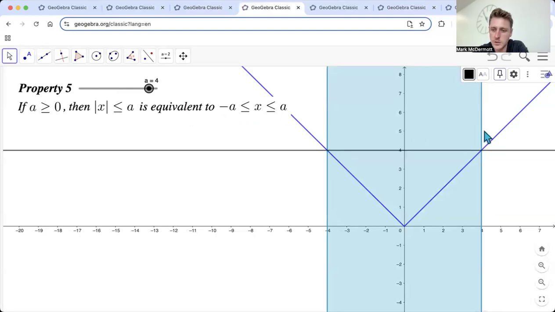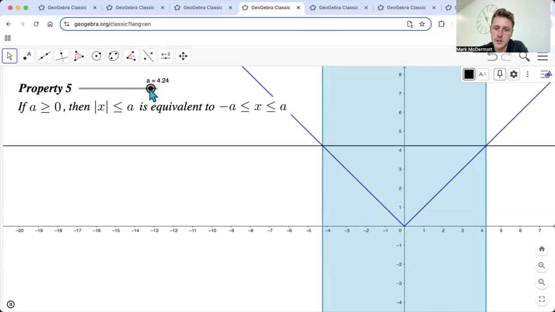So you can see that we've sort of got this boundary going on here. A at the moment is 4. We can see that the x values that it takes on are between -4, so -A, and +A. That is when the modulus of x is less than or equal to A. And that should make sense because between here and here is when this function, the mod of x, is below that black line there.